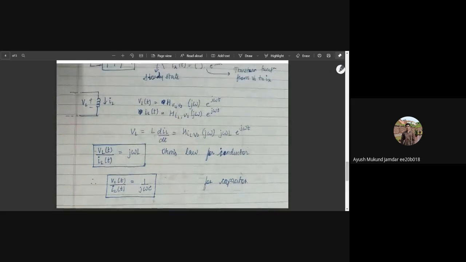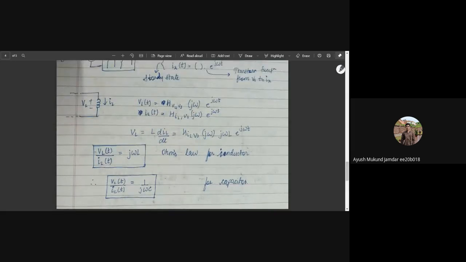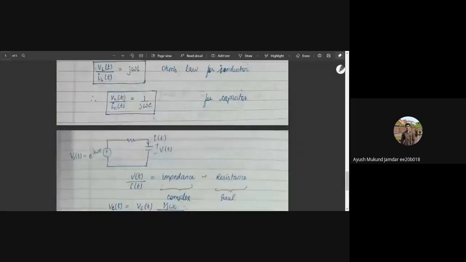We can now use these values to treat both these elements as just resistances in our equations, and use something like Ohm's law for dealing with the terminal quantities of these elements, and that will make the analysis much easier.